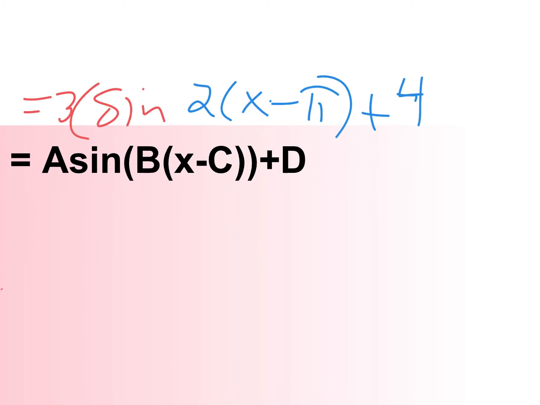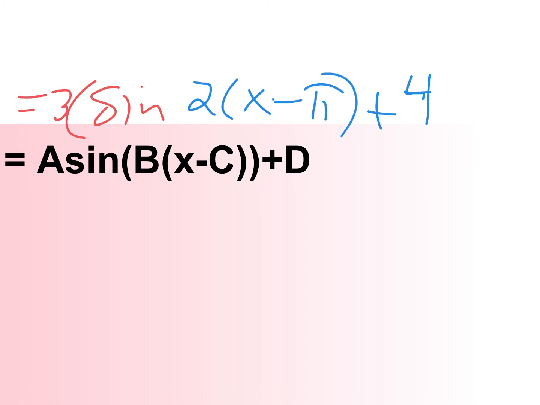There. Do you get this as just a sine graph that's been messed with? They did a lot of stuff to it. They stretched it, they shifted it left or right, and they moved it up and down. Okay, so let's talk through what they actually did.